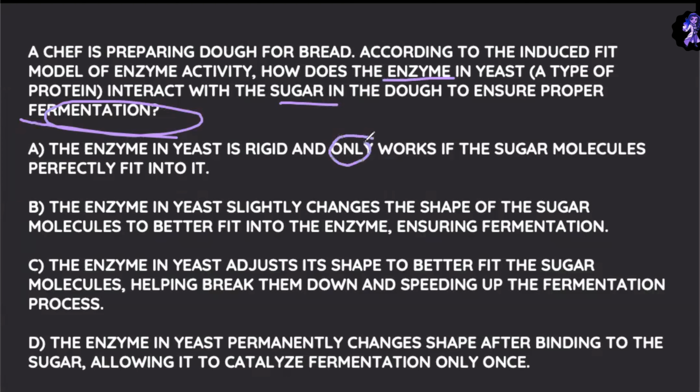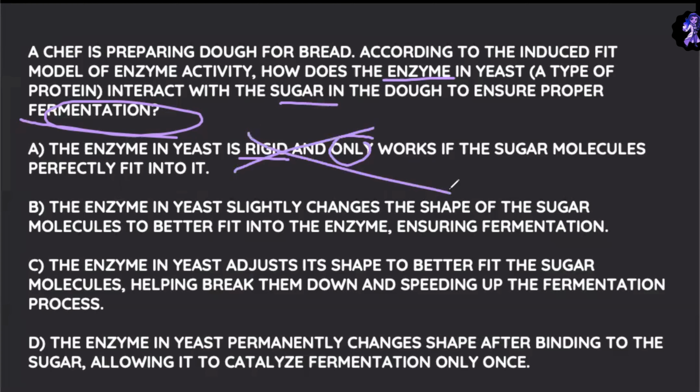So words like only make it seem like an enzyme only has one functionality. And we also mentioned that it's rigid, which we now know is not the case. Remember, you could have different substrates that come in, you can have inhibitors or whatever they may be that alters the way the enzyme works. It isn't a lock and key method, therefore it is not rigid. And so that answer is not favored.